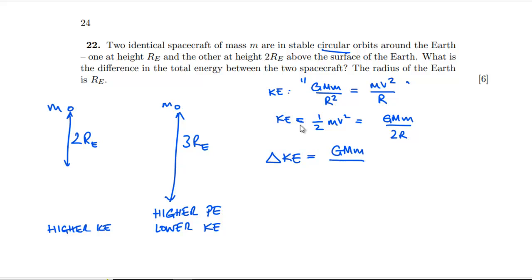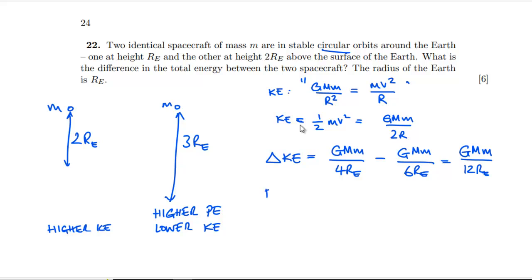A quarter minus a sixth is a 12th, because that's 3/12 minus 2/12. So GMm over 12RE.